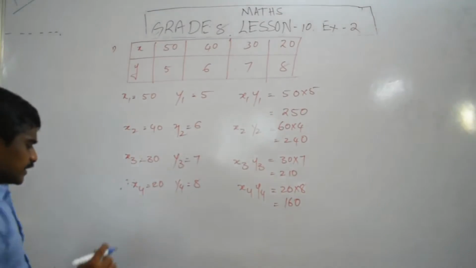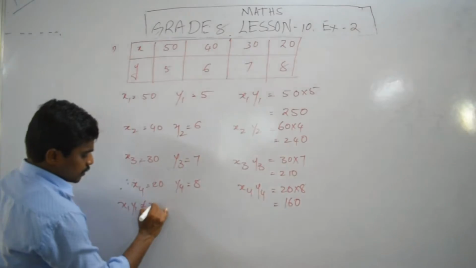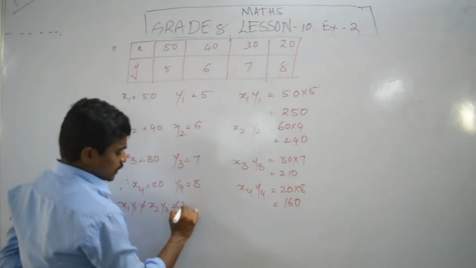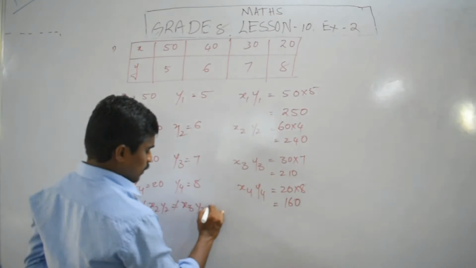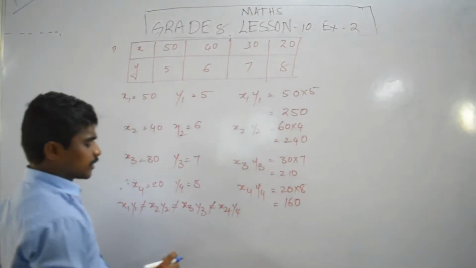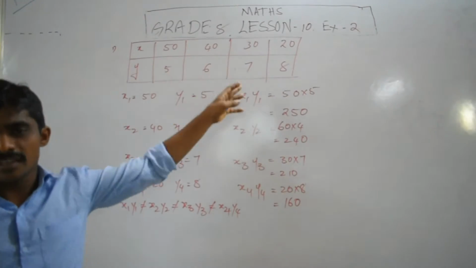Here see, x1 times y1 not equal to x2 times y2, not equal to x3 times y3, not equal to x4 times y4. Here see, all products are not equal.